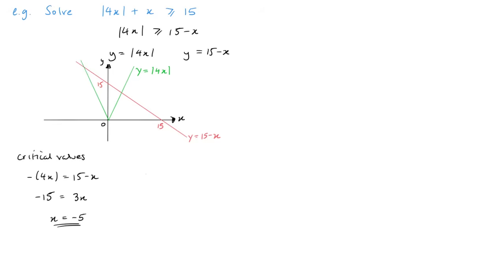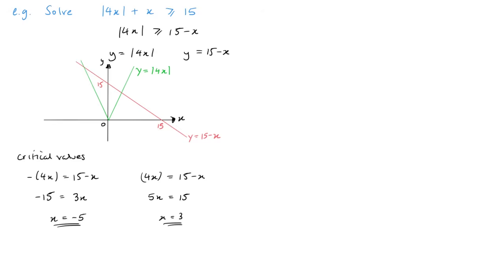And then the other one is going to be created when the 4x is positive. So again, take the minus x to the other side, which gives me 5x equals 15, so x equals 3. These are my two critical values.